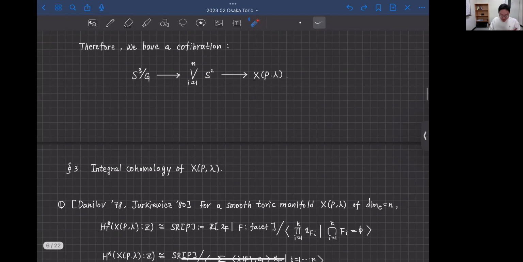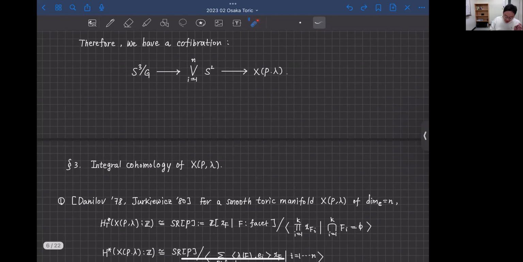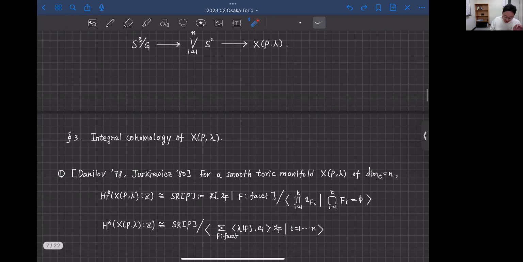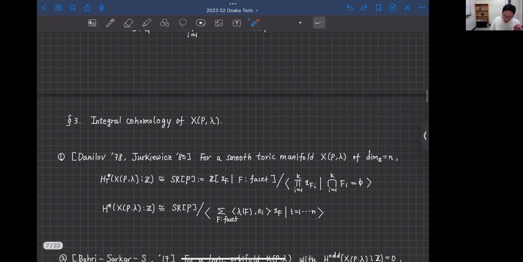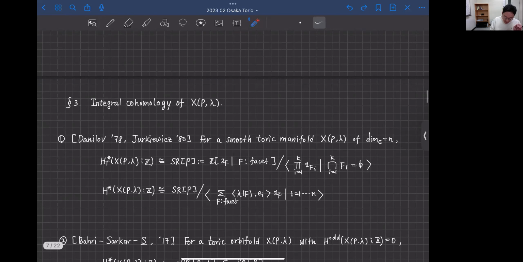Since we are interested in the cohomology ring structure, let me briefly summarize what is known for the integral cohomology ring of toric orbifolds. This is one of the famous results in toric topology and geometry.